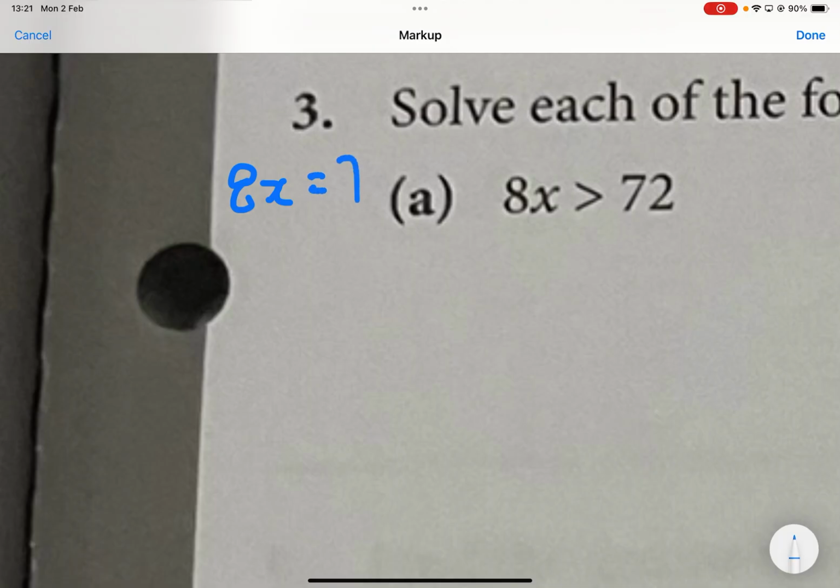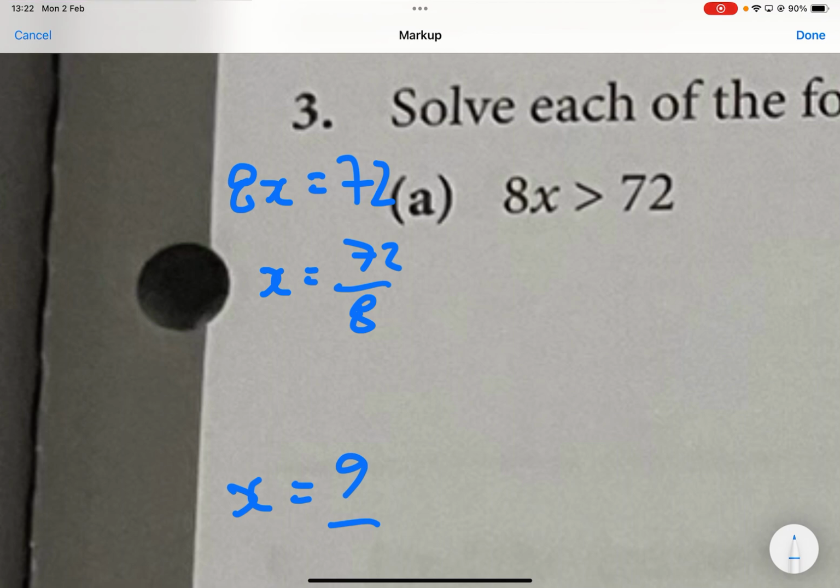If I am solving an equation, 8x equals to 72. Solving means I write equation until x is alone by itself. Okay? Then to get here, I need to divide by 8 on both sides. Then I get x is 9.